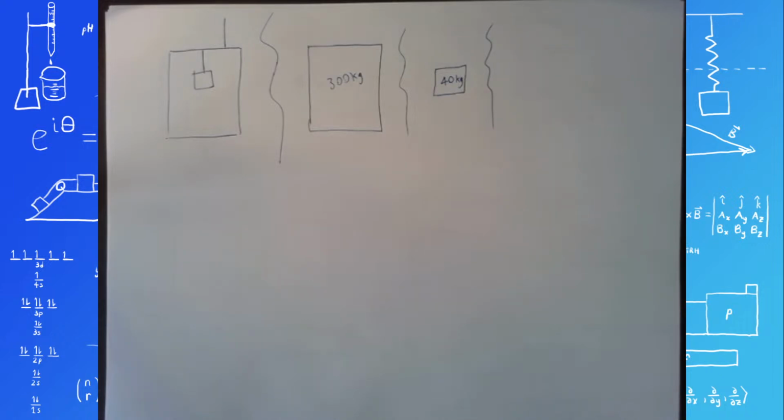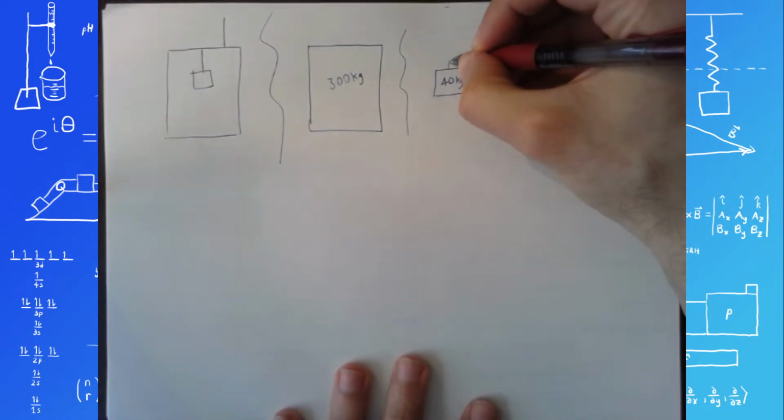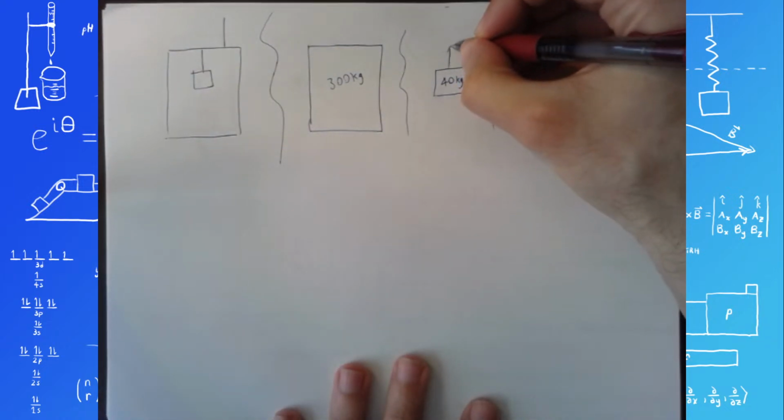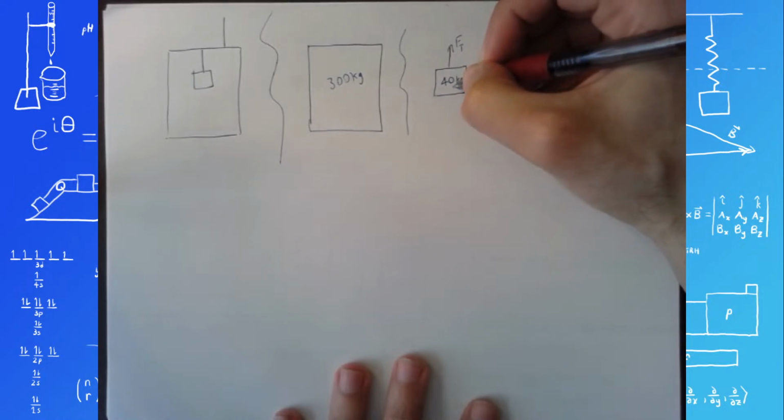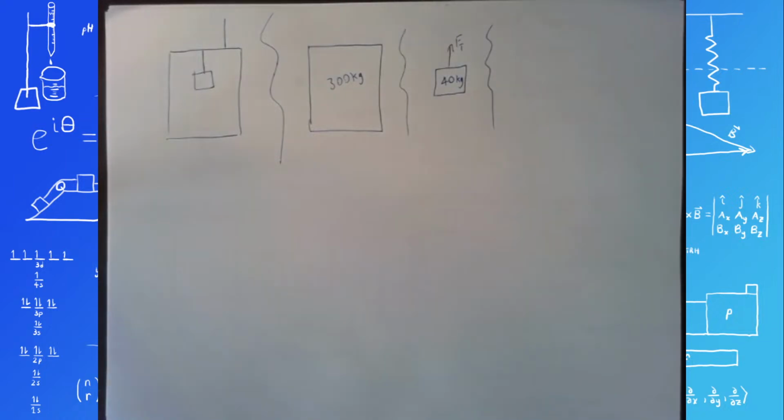So what forces are acting on each of the objects? I'm going to start with the block. The block is connected to a rope, so there must be a force of tension acting on it, and that force of tension must be directed upward. I'm not drawing to scale because the force of tension will sometimes be greater and sometimes be smaller as we move through different parts of the problem.